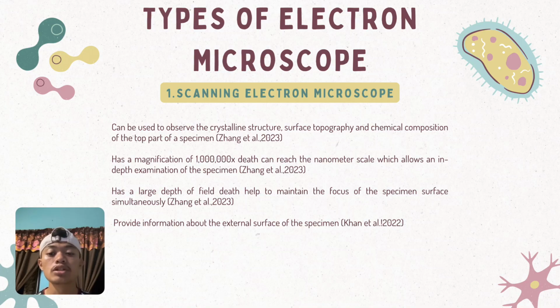One major advantage of SEM is its very high magnification, reaching up to 1 million times, allowing researchers to observe pictures at the nanometer scale. SEM also has a large depth of field, which keeps more of the sample surface in focus at the same time. Therefore, it is widely used to study the external surface and morphology of rocks, minerals, and other geological samples.